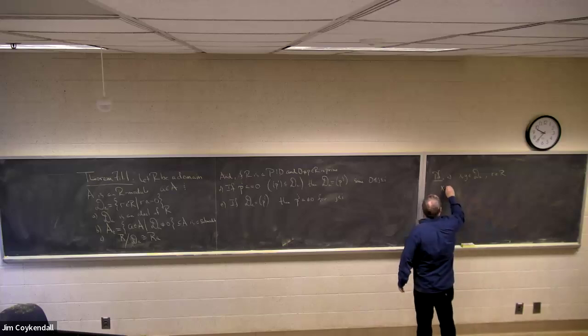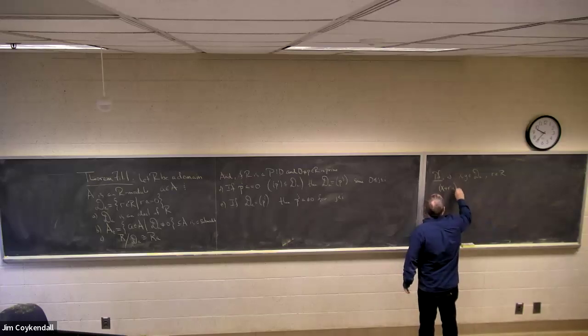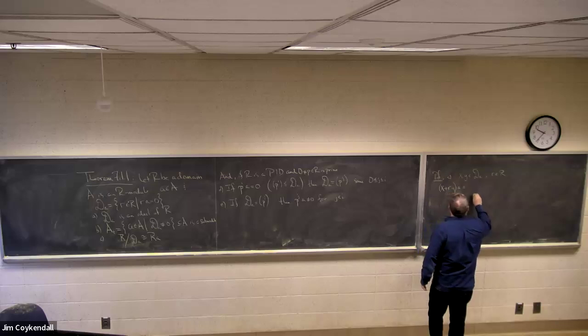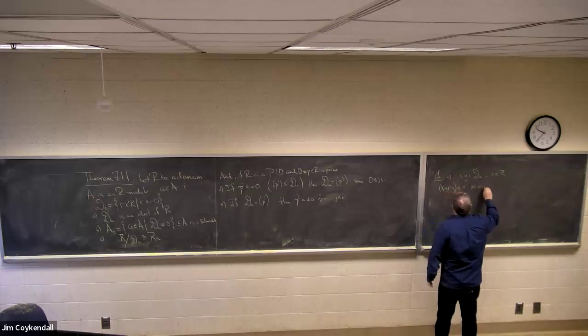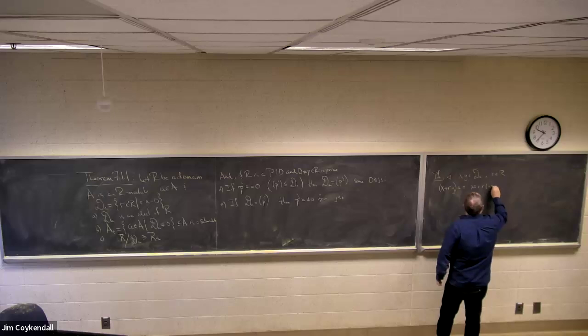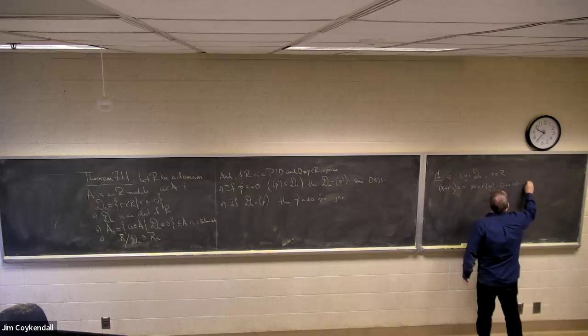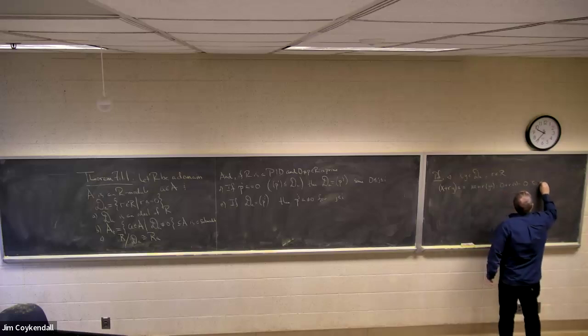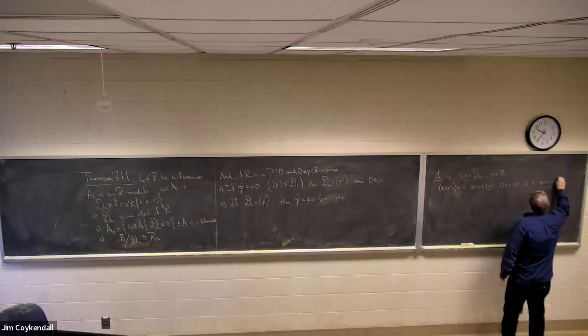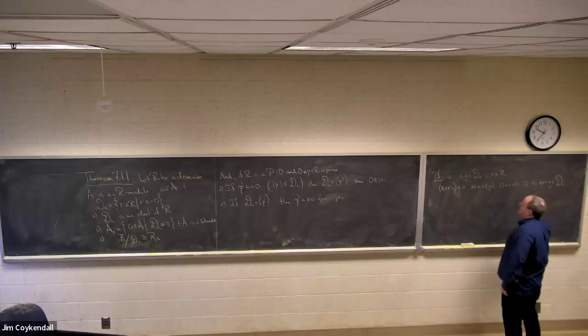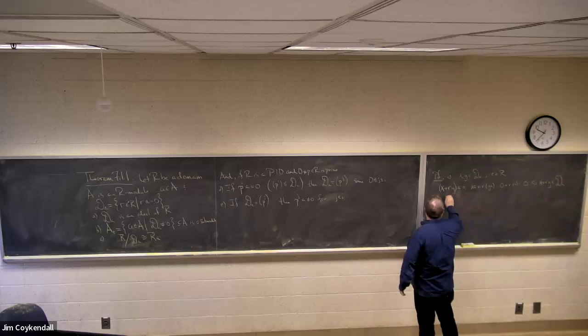Notice that x plus ry times a is xa plus rya, which is 0 plus r0, which is 0. So x plus ry kills a. So we have an ideal.